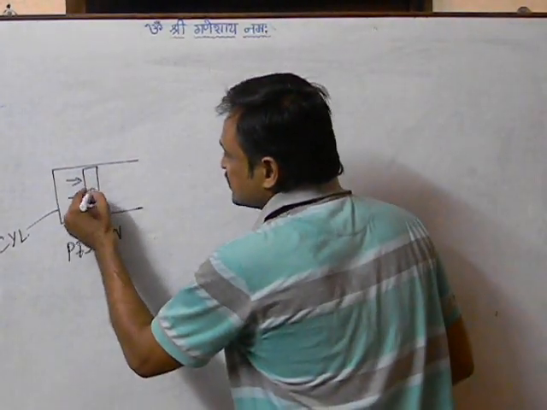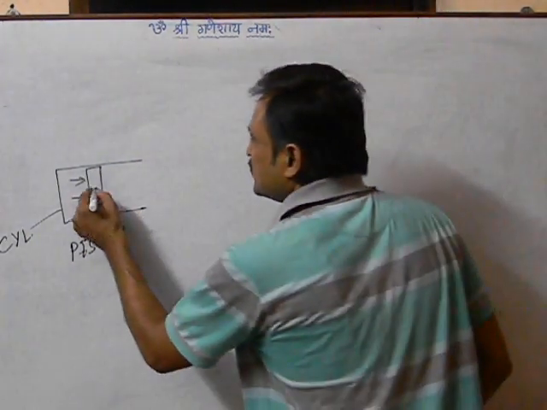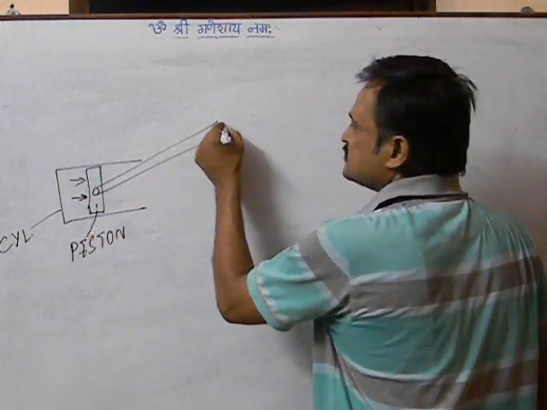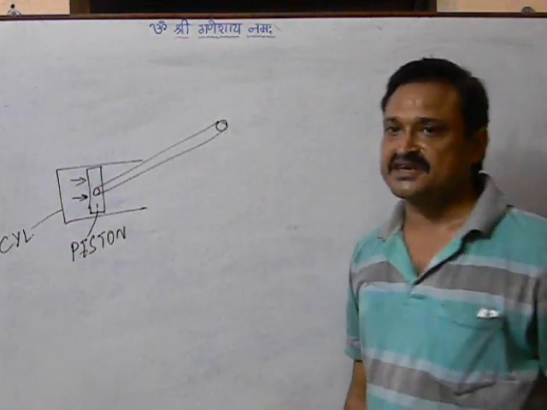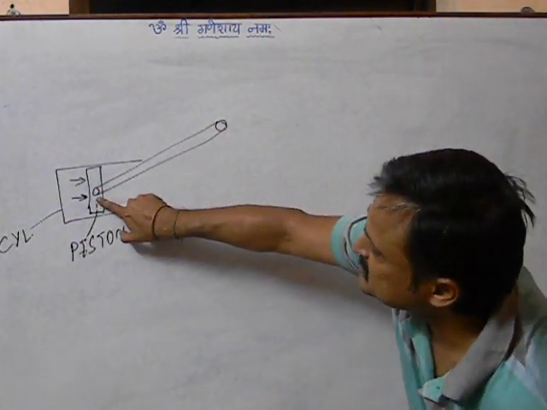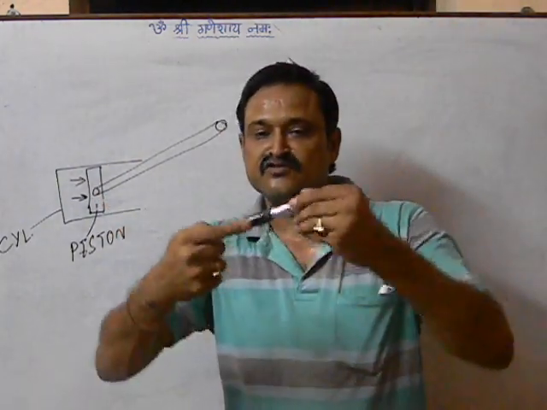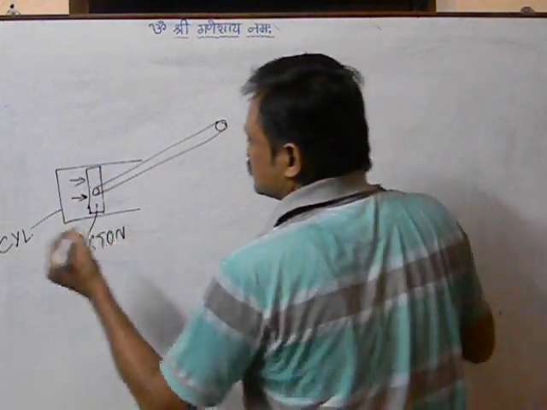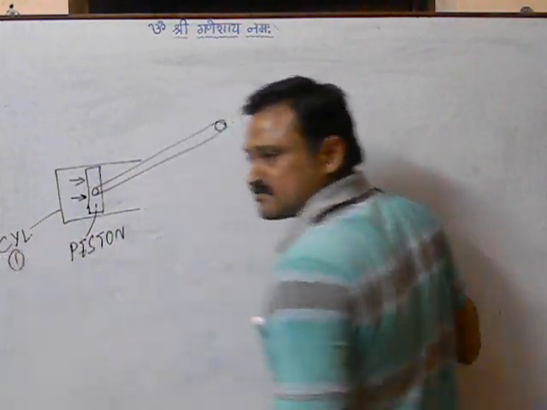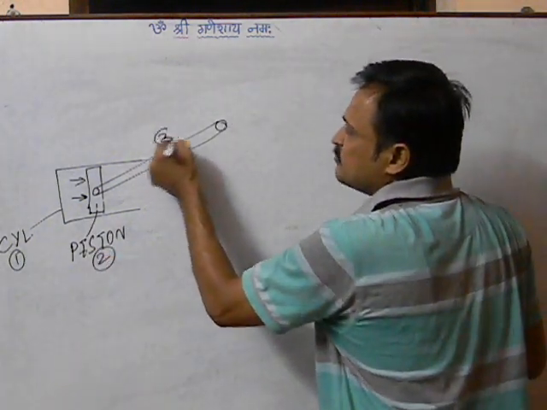Now I connect another member to it. Say this is the other member which I connect to the piston. When I make this connection, I ensure that this is a movable joint. Now the cylinder is component 1, the piston is component 2, and this is component 3.